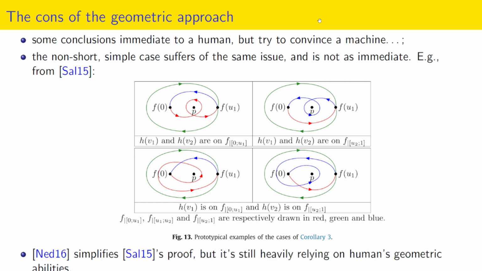The proof goes for around 30 pages, if I remember correctly. I mean, the paper is around 30 pages, and there are a massive number of algebraic geometric tools and cases. Nederhoff simplified this a bit, but still the proof is relying heavily on geometric intuition or geometric abilities of the human.